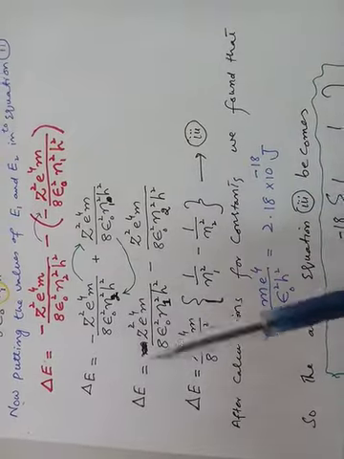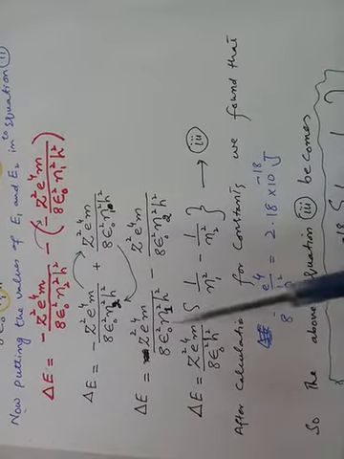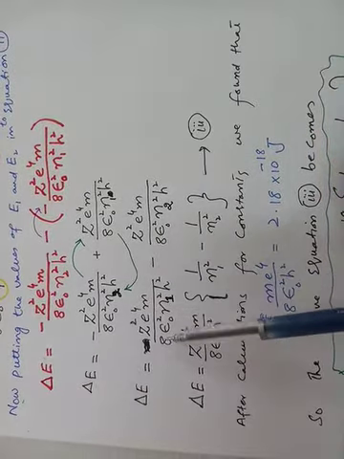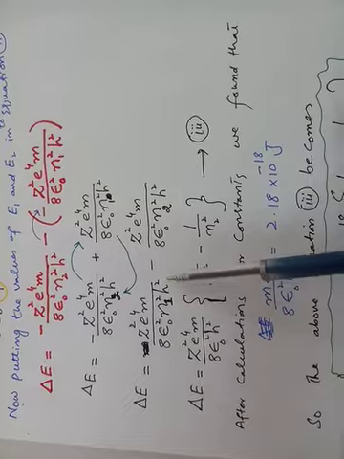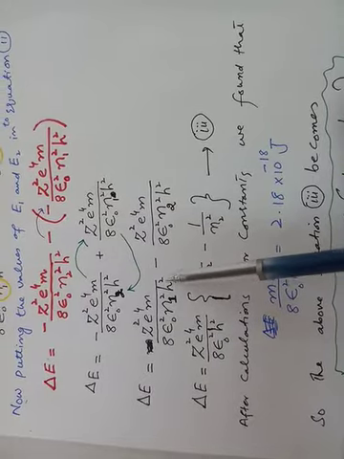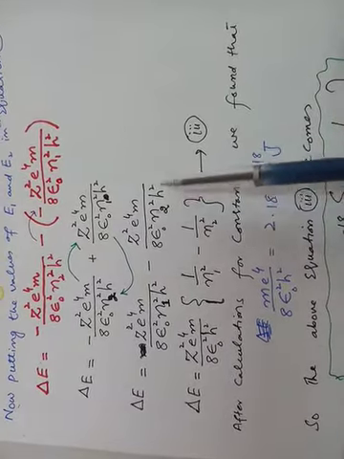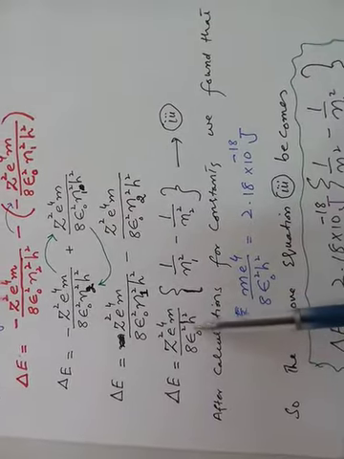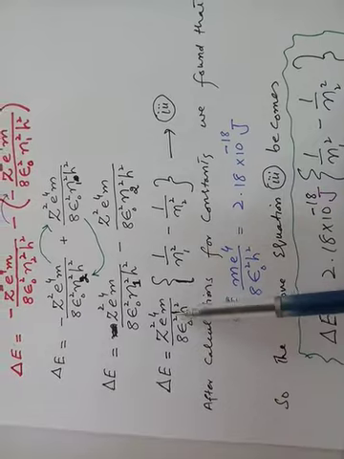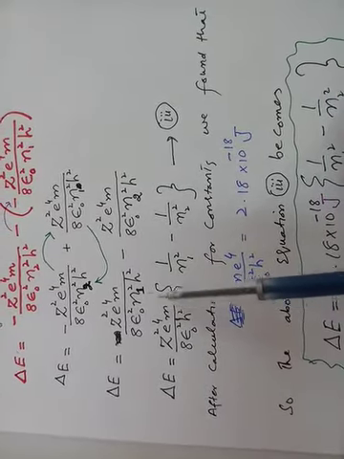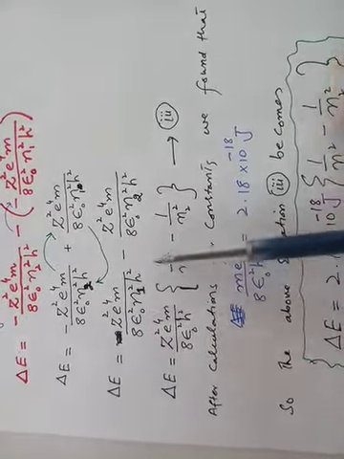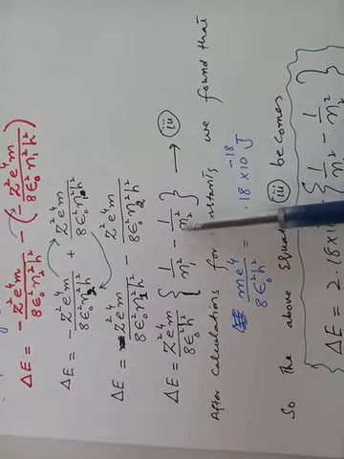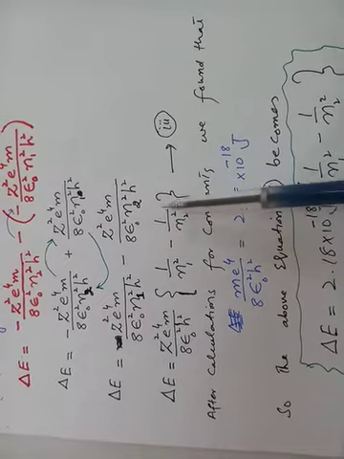So taking out the constants Z square e to the power 4 m over 8 epsilon naught square h square as common, we are left from the first term with only 1 by n1 square, and from the second term only 1 by n2 square.